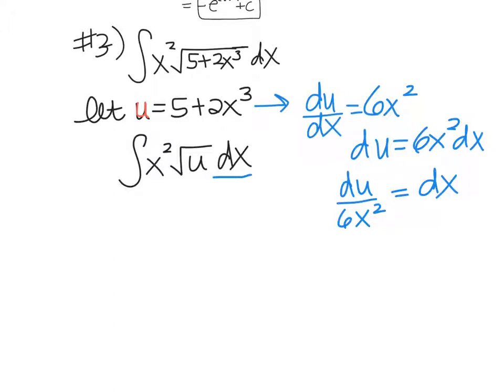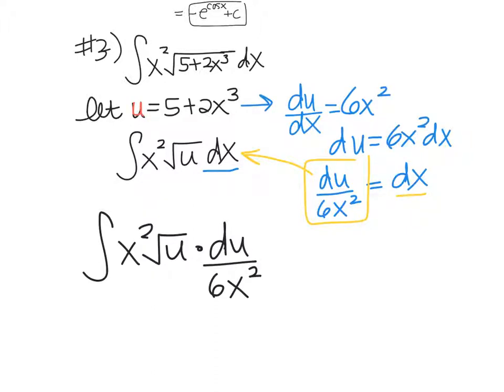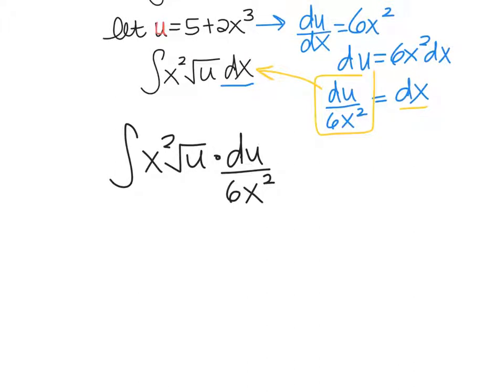All right, so we're going to take that entire thing here, which is dx, and we're going to plug it in. So things are going to reduce. That's what you want. If you don't have that, then something went wrong somewhere. So we get the integral of x squared, square root of u, times du over 6x squared. Let me show you how to clean this up really nicely.